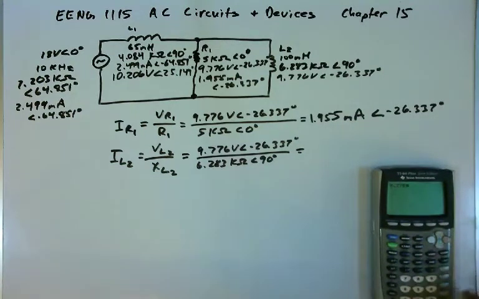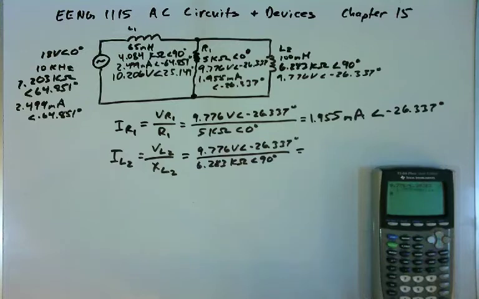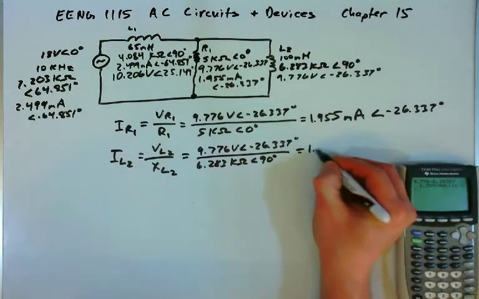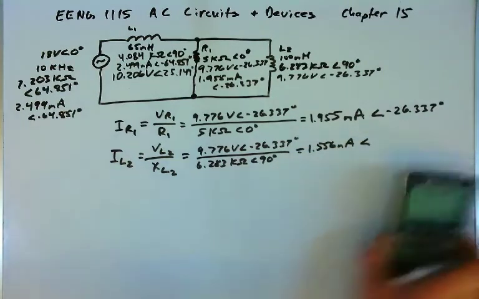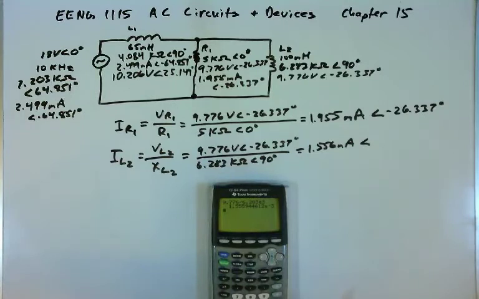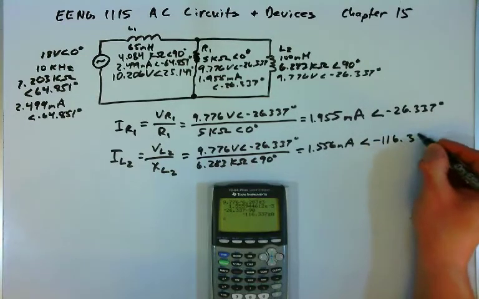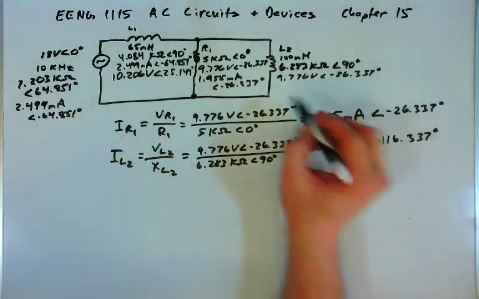We have 9.776 volts divided by 6.283 kilo ohms, and we get 1.556 milliamps. And the angle will be negative 26.337 minus 90, and we get negative 116.337 degrees.